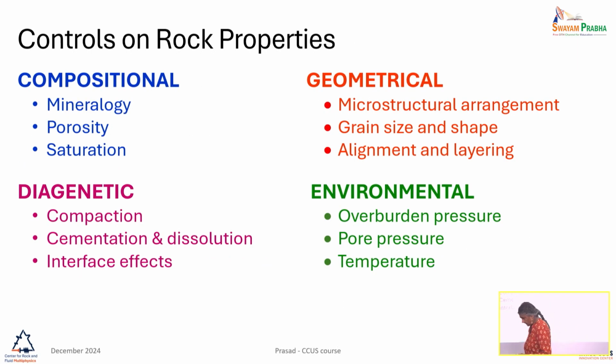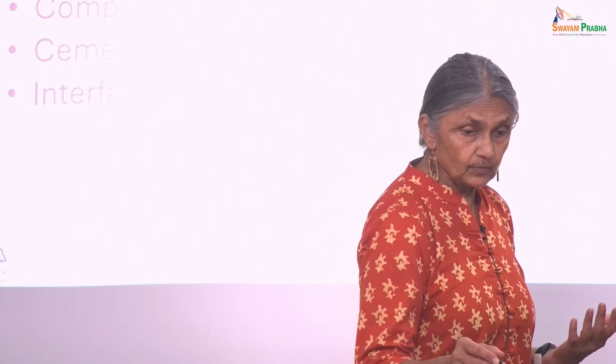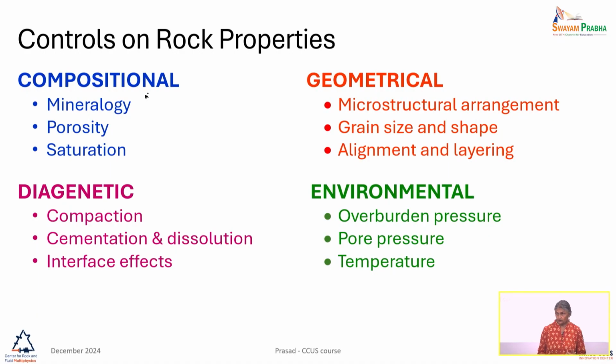Okay, so we need rock properties, but we have a lot of controls on rock properties. We have a compositional control, whether we have sandstone or limestone, what sort of porosity do we have, and what type of fluid and what is the saturation of the fluid. So those are compositional controls.